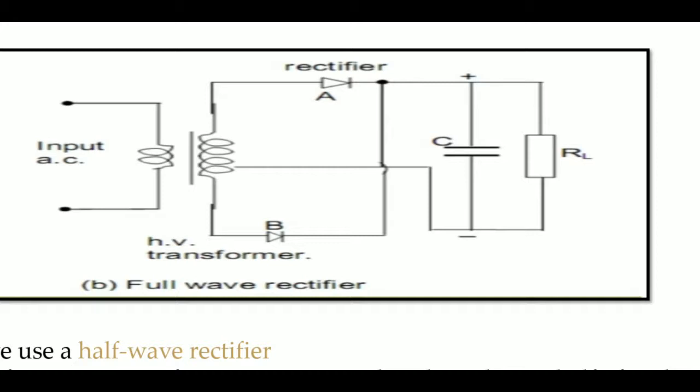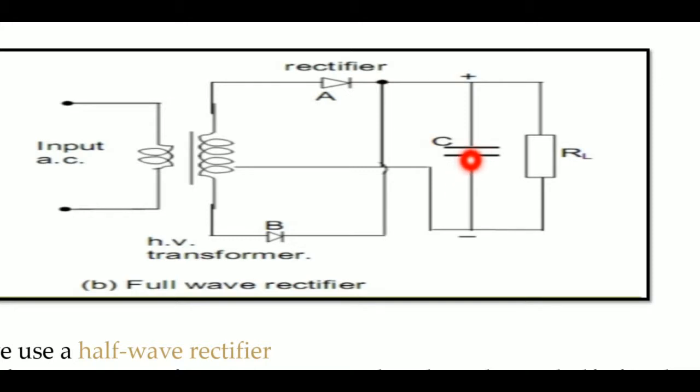This ripple content is practically not feasible. That is why half wave as well as full wave rectifier circuits are used along with the smoothening capacitor C. Getting my point? For what purpose do we use the capacitor here? In order to get a smooth DC output voltage, ripple content free voltage, from the capacitor.